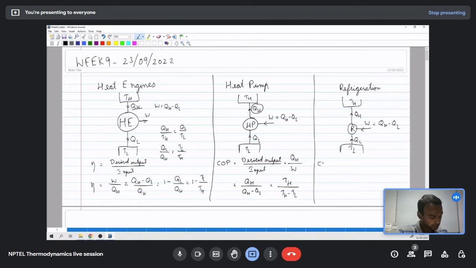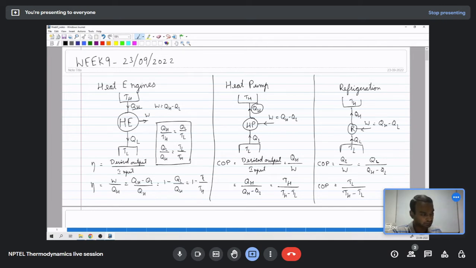Now writing the COP, which is desired output by input, the desired output is QL, and the energy supplied is the work transfer represented by W. So this becomes QL by QH minus QL. Writing the COP in terms of temperature, we have TL divided by TH minus TL. So again the same relation between the heat transfer and the temperature holds for the heat pump and refrigeration system, as we saw in the heat engines.